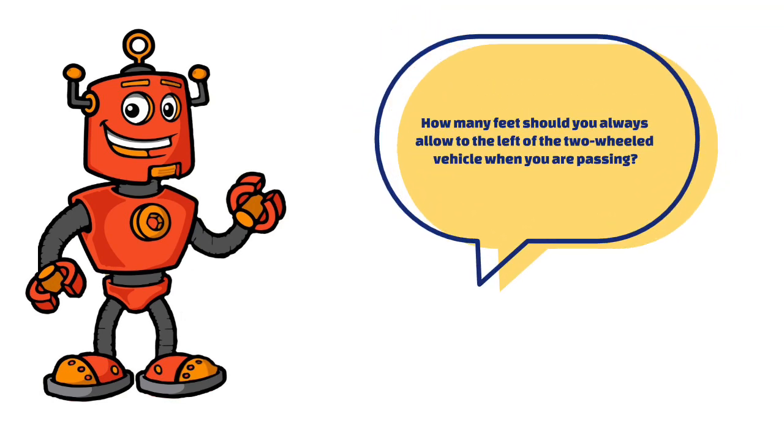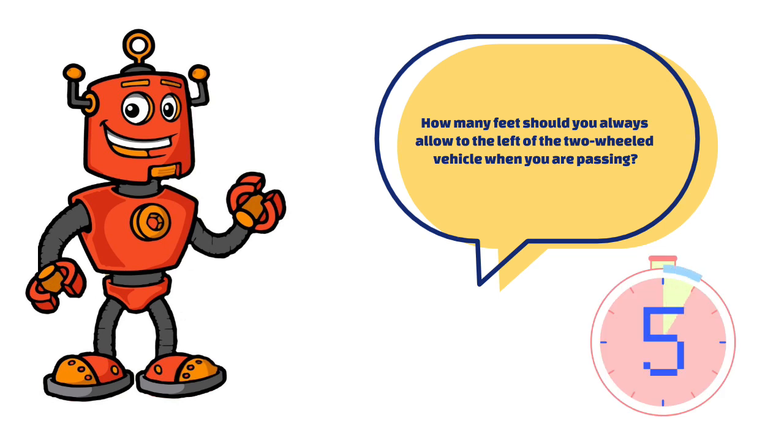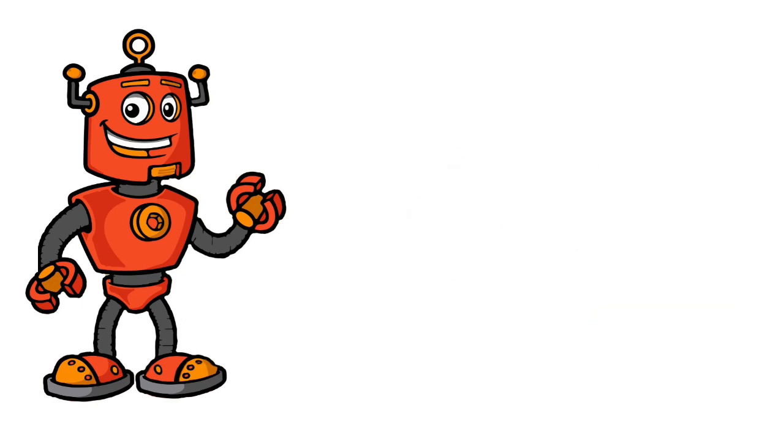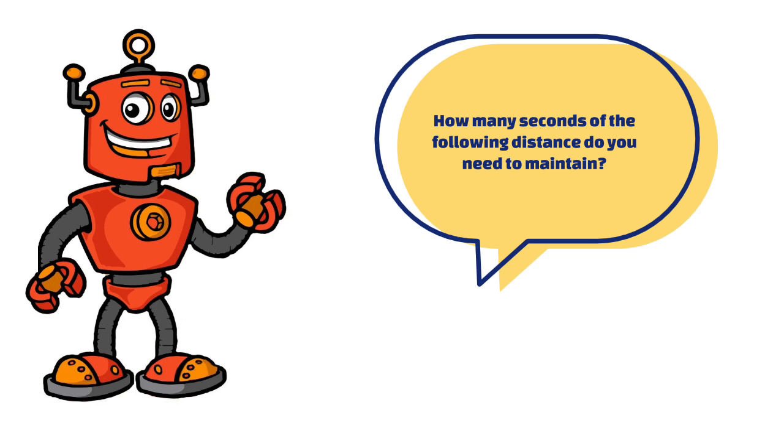How many feet should you always allow to the left of the two-wheeled vehicle when you are passing? How many seconds of the following distance do you need to maintain?